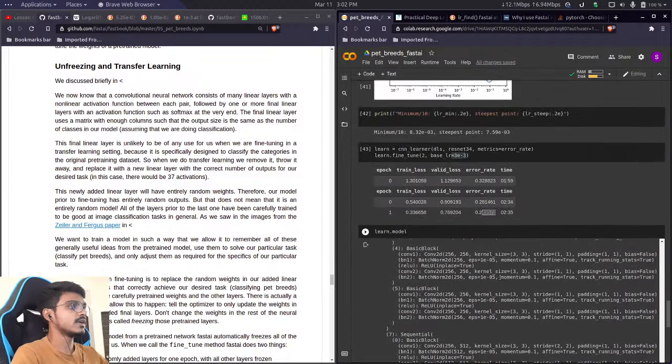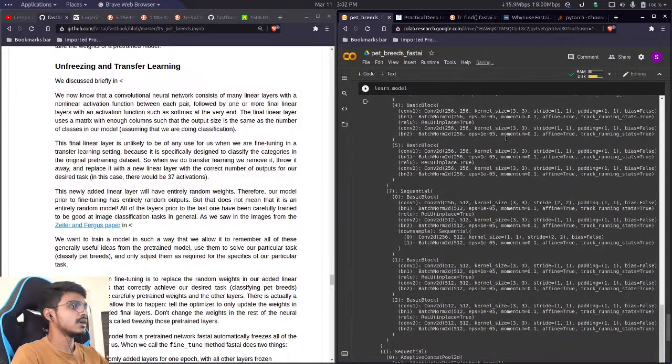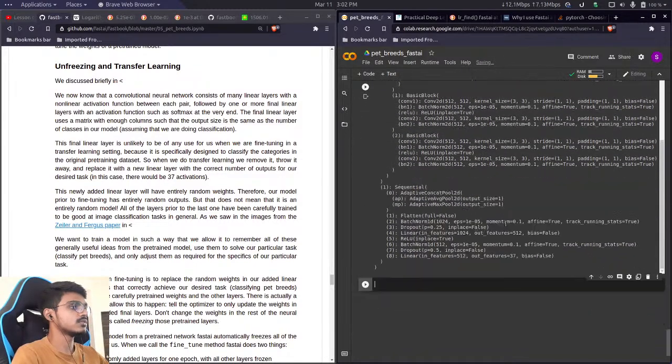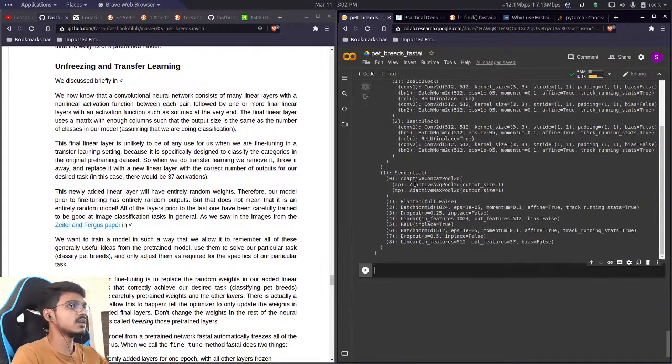Alright, we have the whole architecture, and if we check the last layer, the linear output features are 37. So the outermost layer is of size 37. It is the same number as the pet breeds.